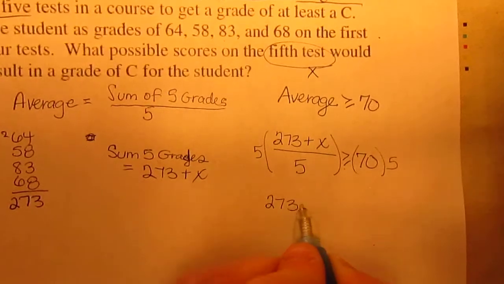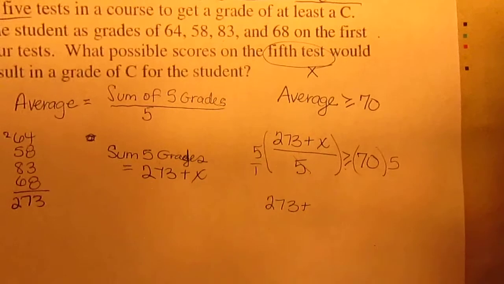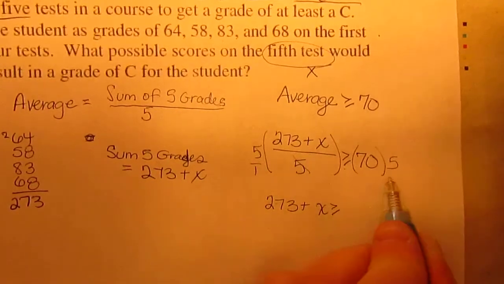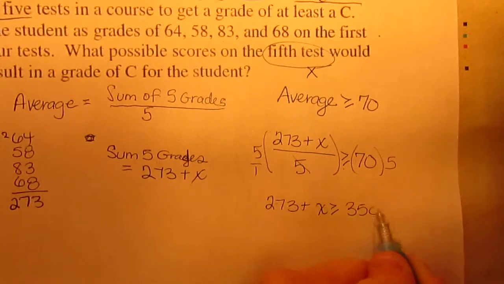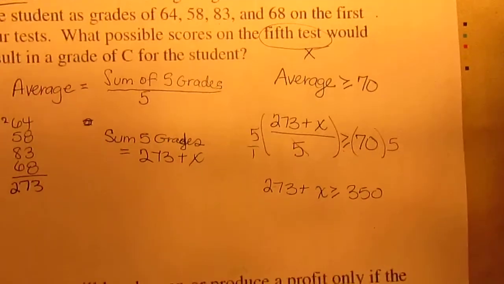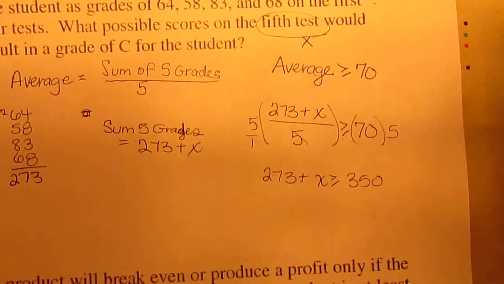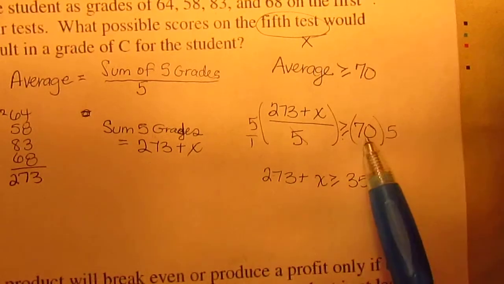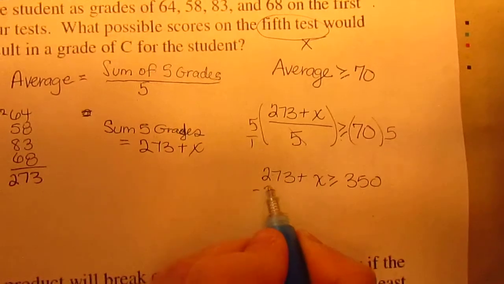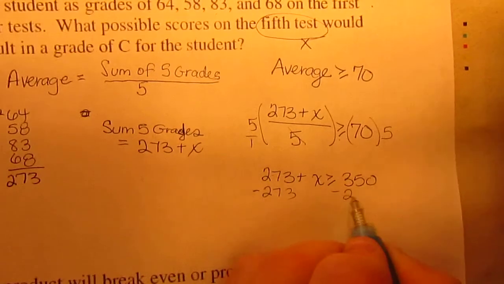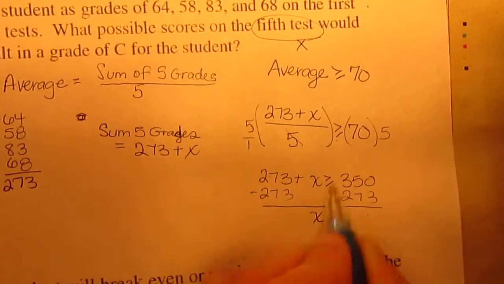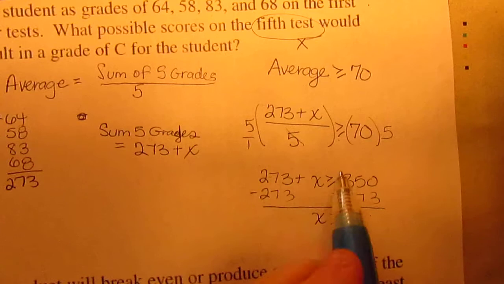So 273, these of course cancel. 273 plus X has to be greater than or equal to 350. So this student actually needs 350 total points in order for their average to be greater than 70. Solving, 273 minus 273. So we have X, no need to turn this around, we're just subtracting.